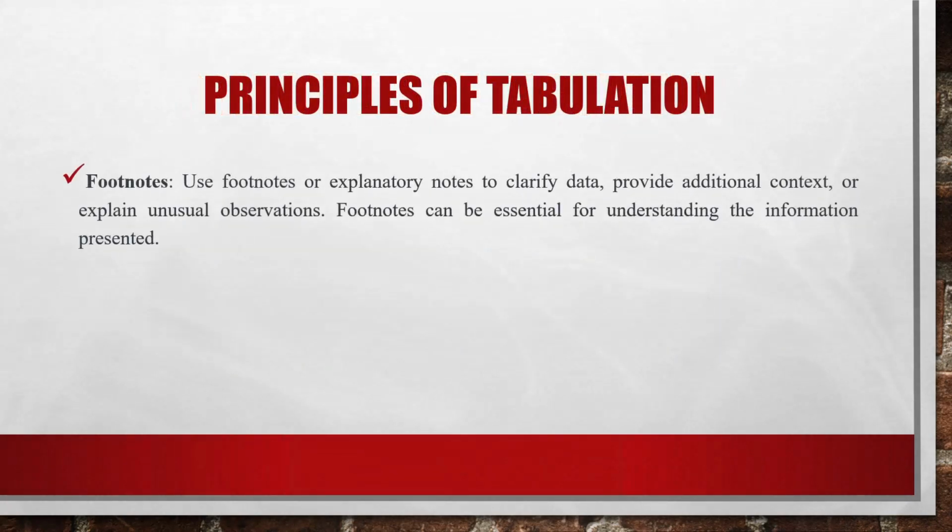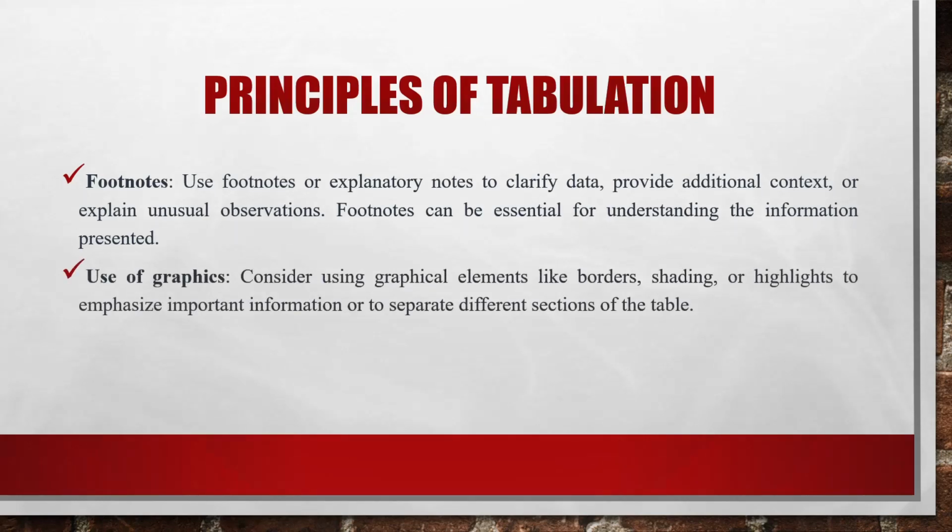Footnote is another important principle of tabulation. A footnote is an explanatory note given below the table, which gives an explanation or additional context of the data involved in the table. And use of graphics.